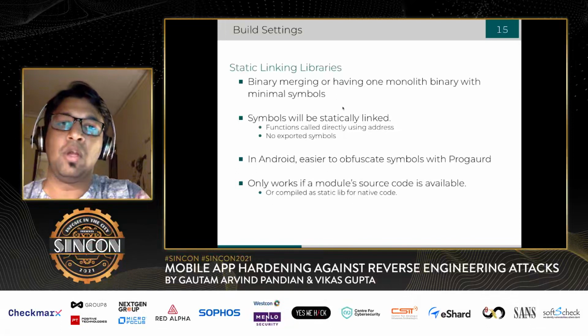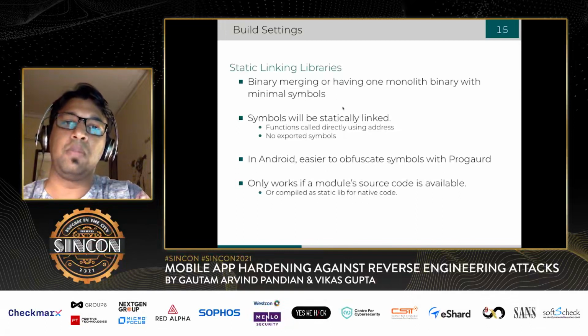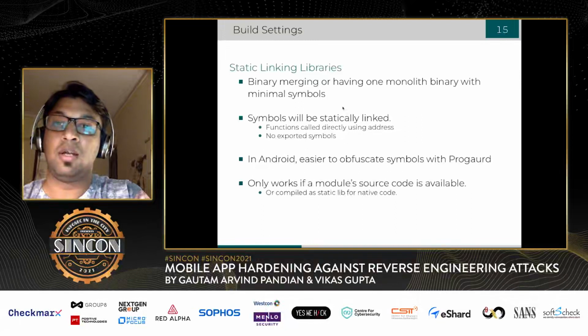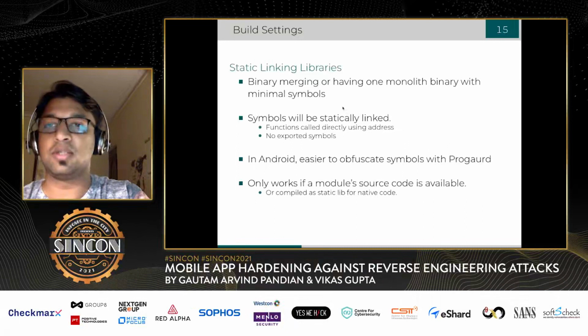What we mean by minimal symbols is that if there are not multiple shared objects, then those shared objects don't need to export the symbols. And if it is statically linked, then the compiler will just take the addresses and link the final binary using these addresses.